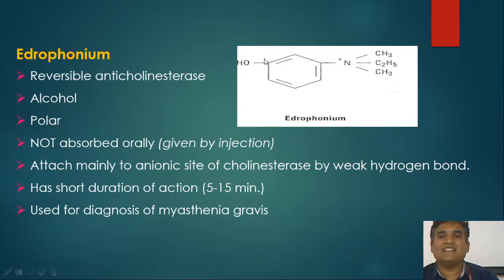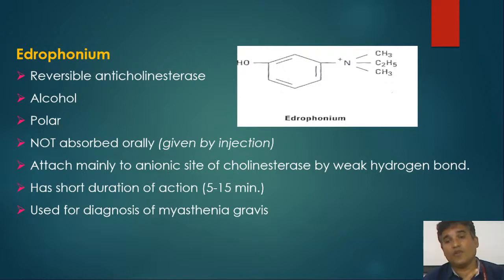It may get easily metabolized in comparison to the phosphate, is polar in nature, and is not absorbed well. Edrophonium attaches mainly to the anionic site by weak hydrogen bonding, while the organophosphate binds to the esteratic site by covalent bond, and the binding is very strong. That's why it is known as irreversible.